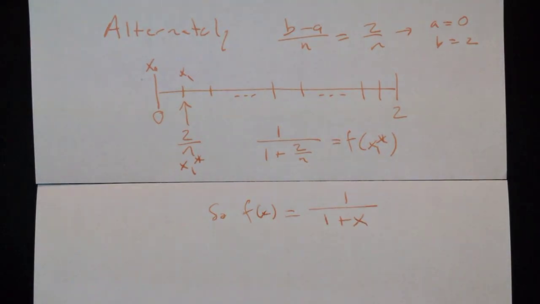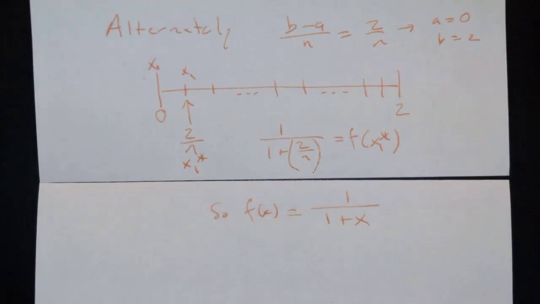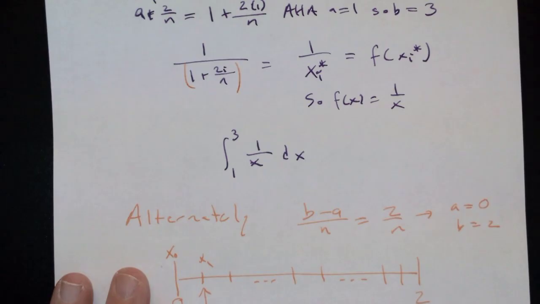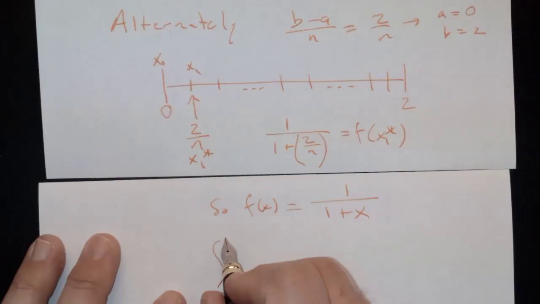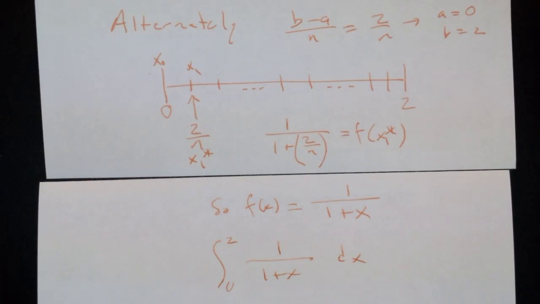The 1 plus is not part of a xi, it's extra. I think of the plug-in as happening right here, as opposed to the whole thing like that. So I get a different answer. I get the integral from 0 to 2 of 1 over 1 plus x dx, which is going to give me the exact same result because it's the same picture shifted 1 unit to the left.